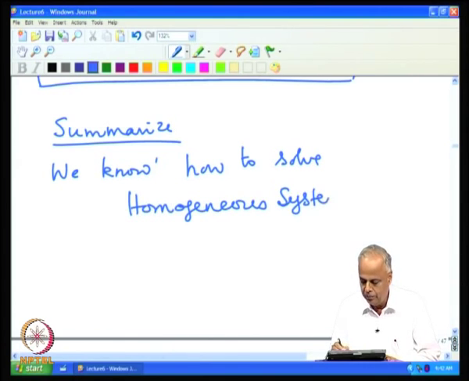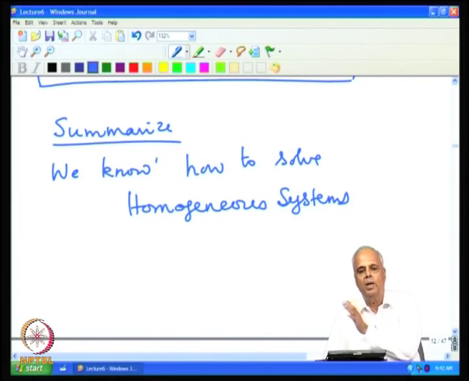The idea we have seen is to reduce the given homogeneous system by reducing the corresponding matrix to the row reduced echelon form, and solve the row reduced echelon form equation and thereby get the solutions. So, we have a clean method, a clean algorithm, to handle homogeneous systems.